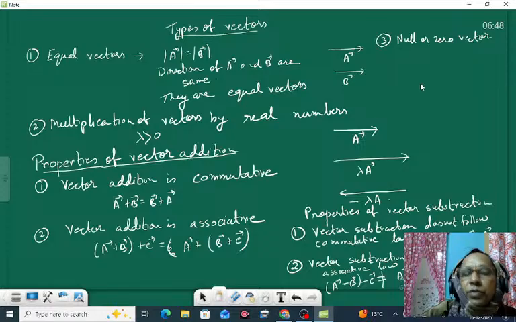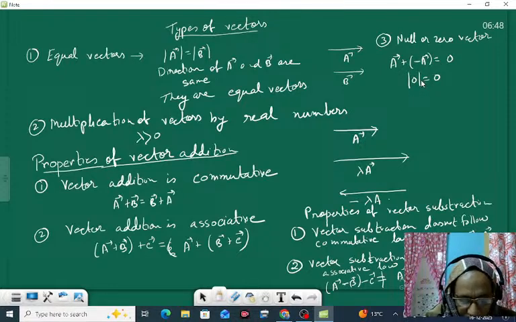How can we find the null vector? When you add a vector plus minus that vector, then it comes to the zero vector. And remember, the modulus of 0 is always 0.